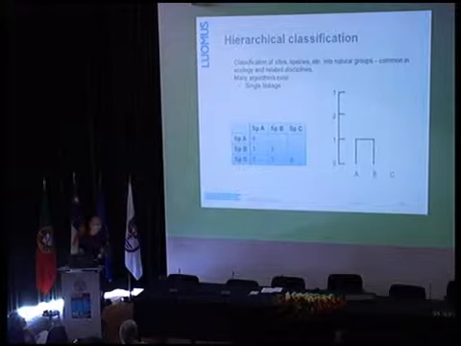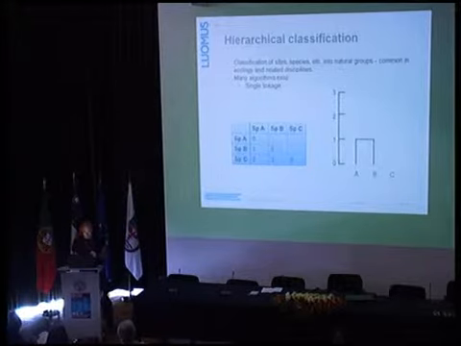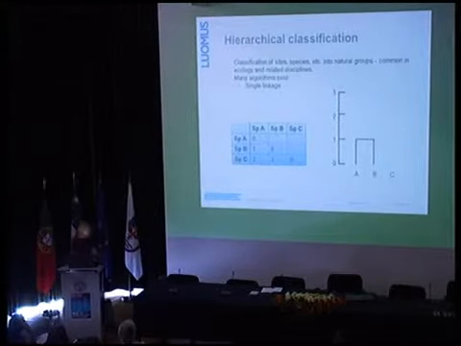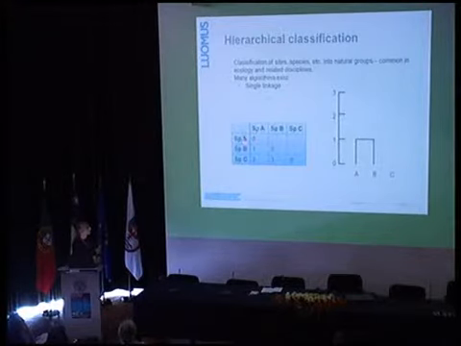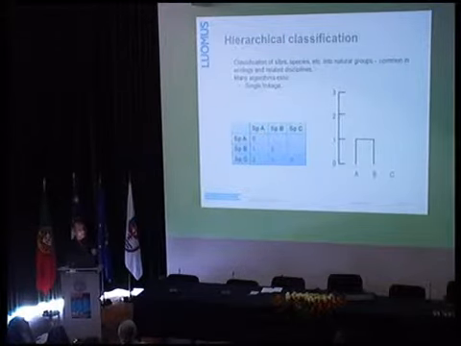There are a number of different algorithms, where one of the simplest is single linkage. Basically, if you have a distance matrix, in this case we're talking about species. Species A, in terms of dissimilarity, is the same as itself, so there's zero dissimilarity.